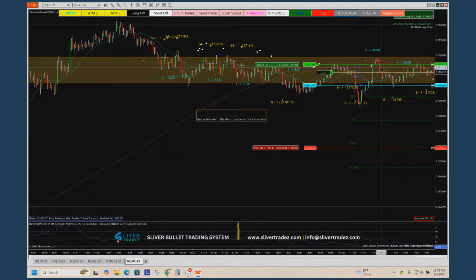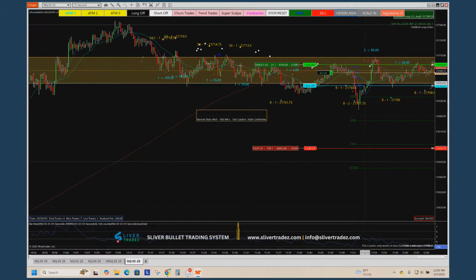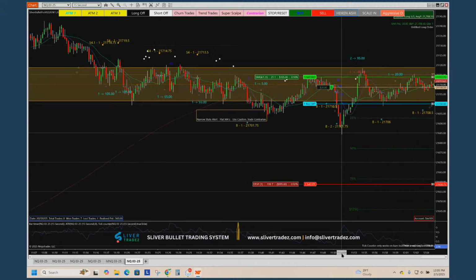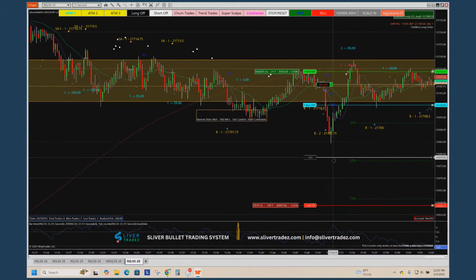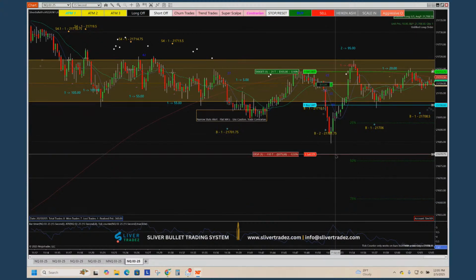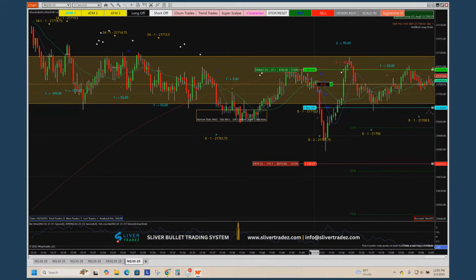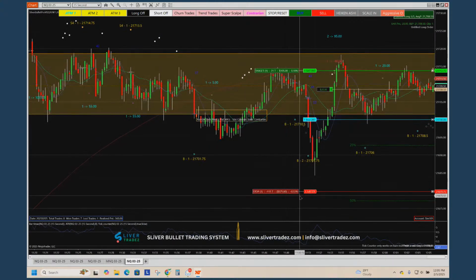Should have booked a small profit, some $50 or something. Sometimes it's a good idea to just place the stop here and trail it, but even trailing won't work because it's just grinding back and forth.